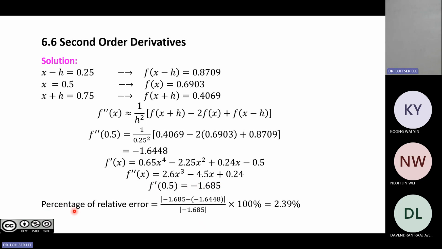To compute the percent relative error, we use the modulus of the true value minus the approximation, divided by the modulus of the true value, then multiply by 100%. The percent relative error is 2.39.